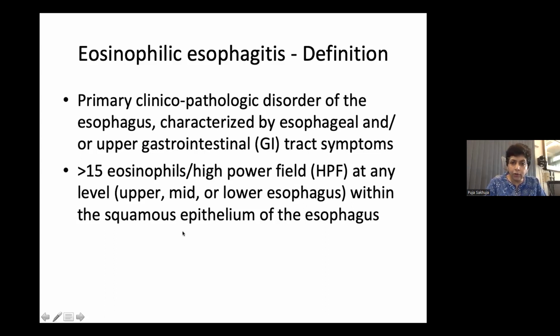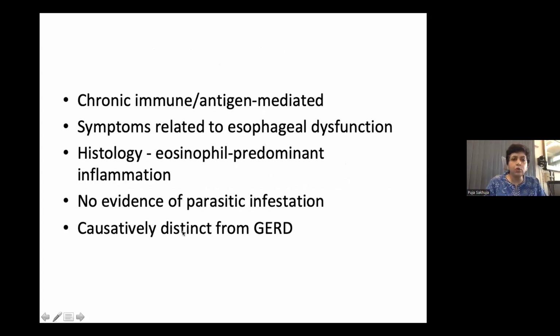And these are intraepithelial, not in the lamina propria; they are within the epithelium. So this is usually a chronic immunoantigen mediated disorder, and the symptoms are more of esophageal dysfunction like dysphagia, etc. And histologically, there is the eosinophil predominant infiltration.